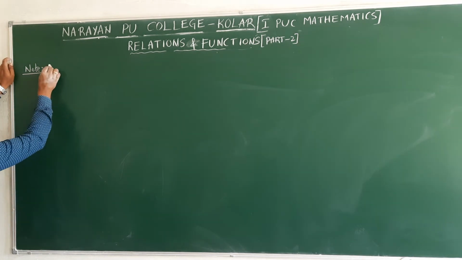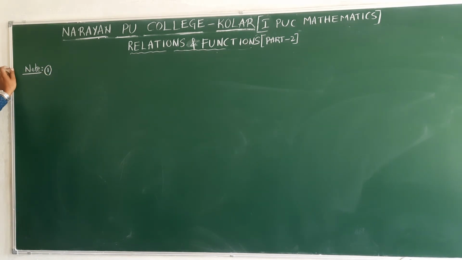Now, your first point: previously I gave the definition that a relation is defined from set A to set B. It is not required to have two different sets only. We can define the relation from A to A itself.